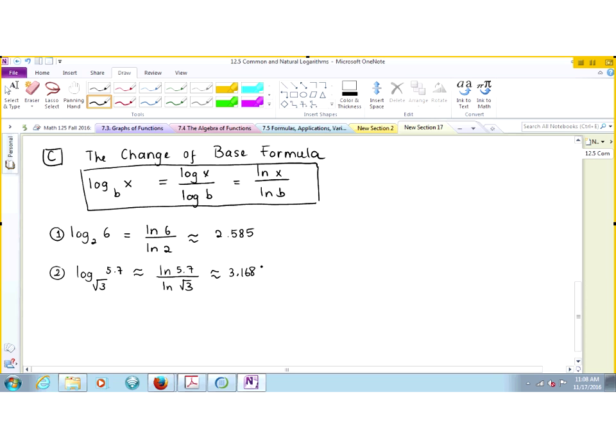You could just walk in there and pretend you're staff, say, "Oh, I work for the math department." It's today between 11 and 1. They serve pretty good food, their turkey. Anyway, I am done with the change of base formula.